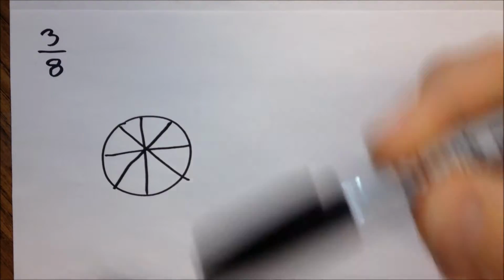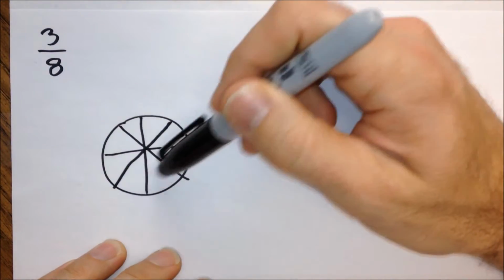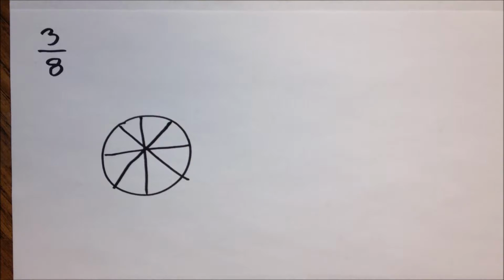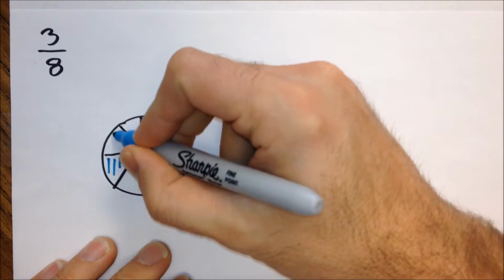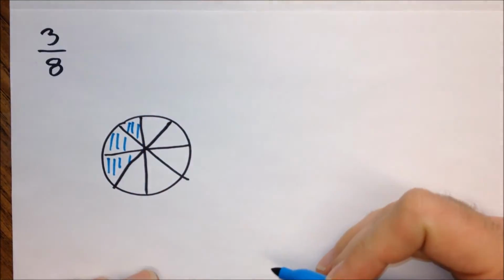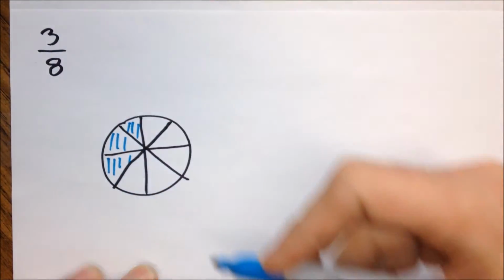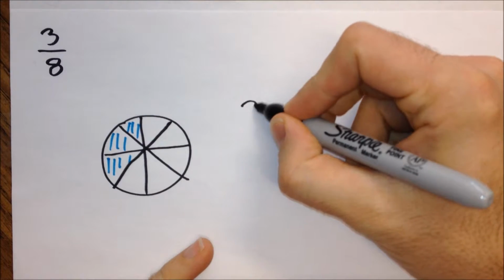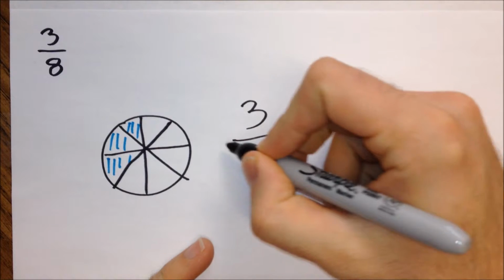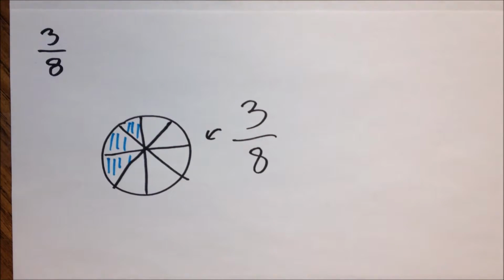If I would have drawn it properly, each piece would be the same size. I'm not great at drawing, so a couple are a little bigger and a little smaller. But what is 3/8? Well, 3/8 is where we picked 3 of these, so we have 1, 2, 3/8. And so this circle represents 3/8. Notice I have 3 out of 8 being represented by this circle.